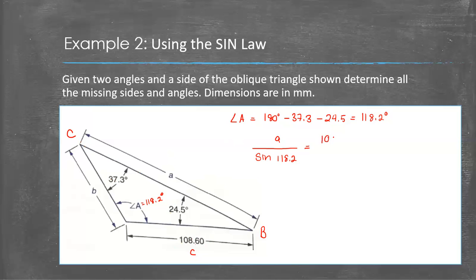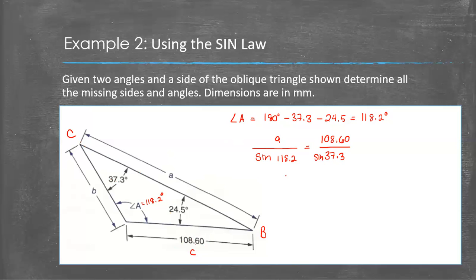So 108.60 divided by sine of 37.3. Just make sure I leave the sine in there, sine of 37.3. Just make sure you're using an opposite pair. So angle and a side opposite.